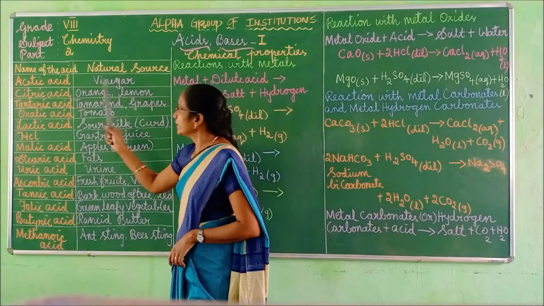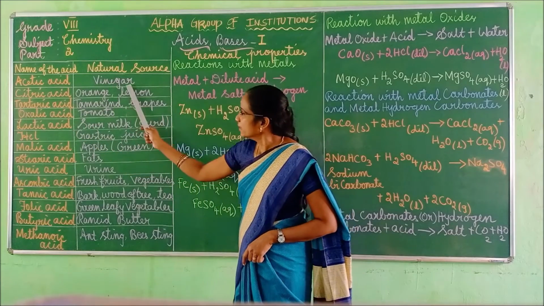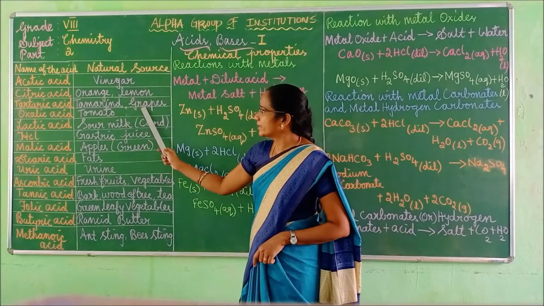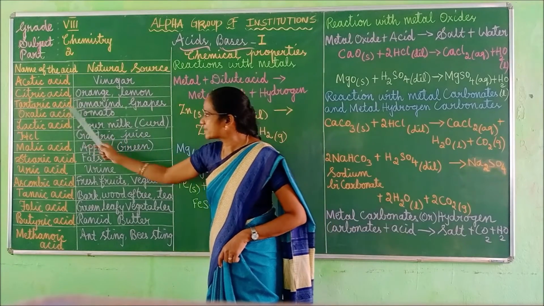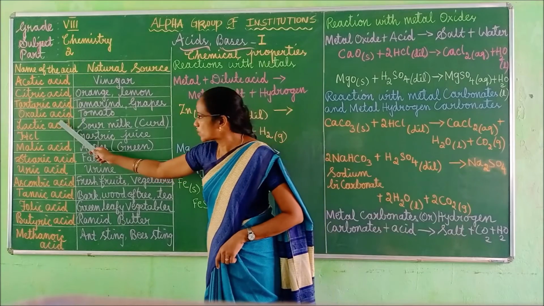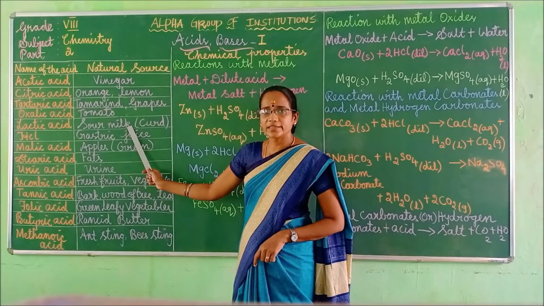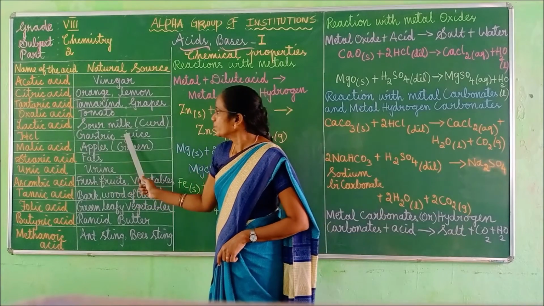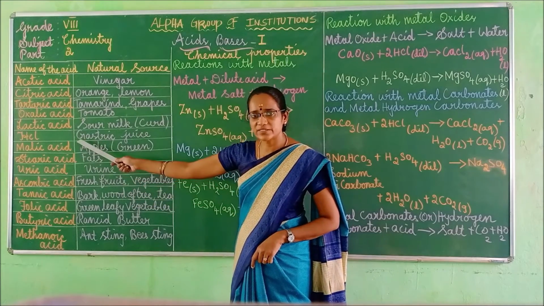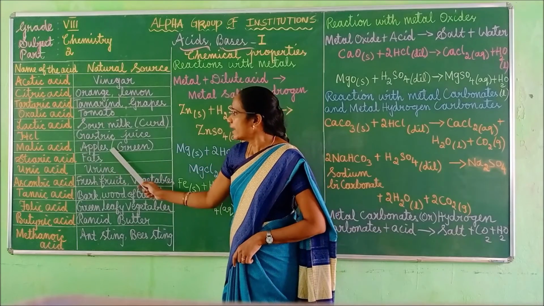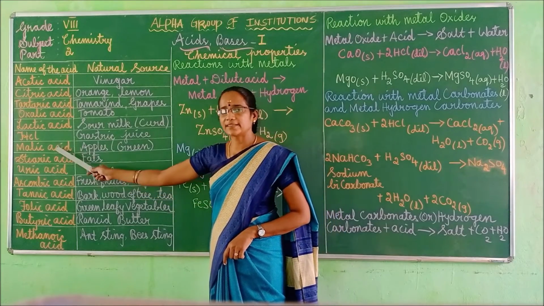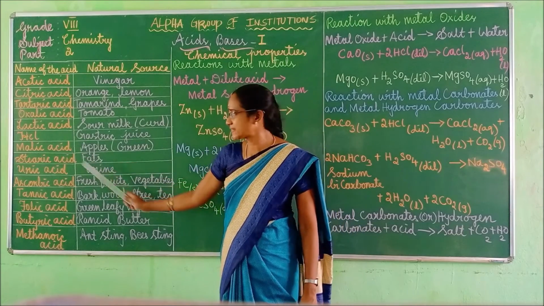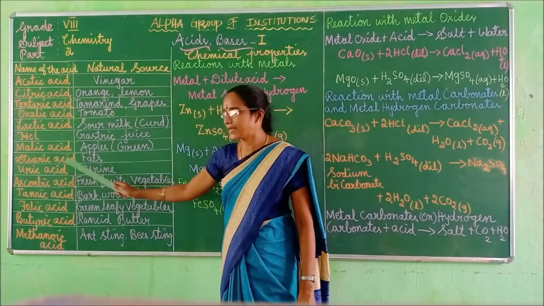Okay, so vinegar contains acetic acid, and orange and lemon contain citric acid. Tamarind and grapes contain tartaric acid. Tomato contains oxalic acid. Sour milk, that is curd, contains an acid called lactic acid, and gastric juice contains HCl, which is hydrochloric acid. Green apples contain an acid called malic acid. Fats contain stearic acid. Urine contains uric acid.